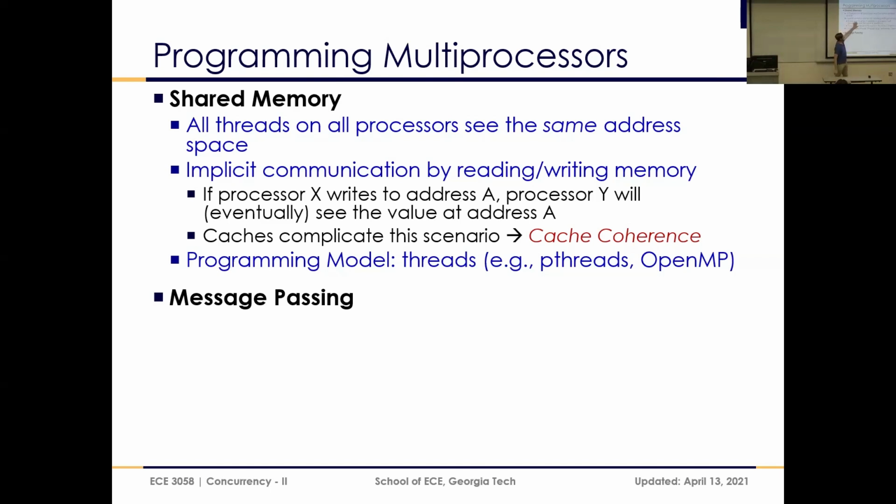If processor X writes to address A, processor Y eventually sees the value at address A. This is what we were talking about last time. Let's see if this marker works. You have 2 cores. They each have L1. They each have L2. They each have a shared L3. L3, L2, L1, CPU, CPU.